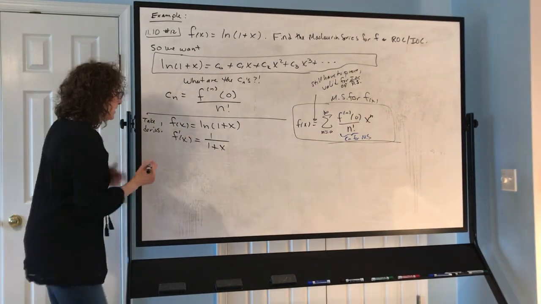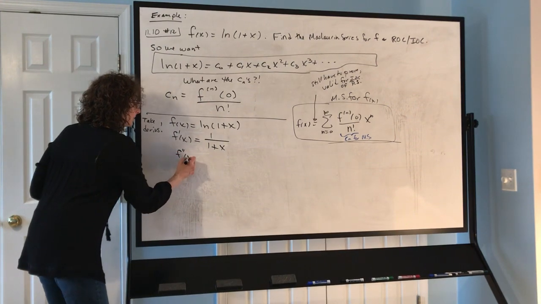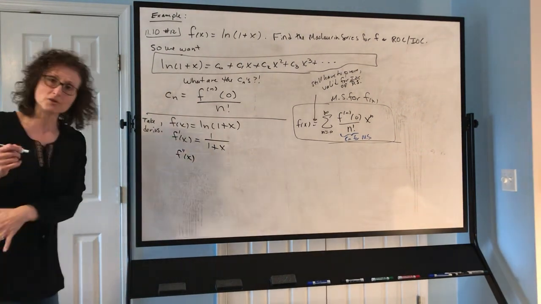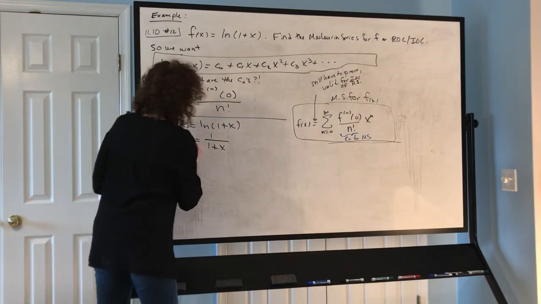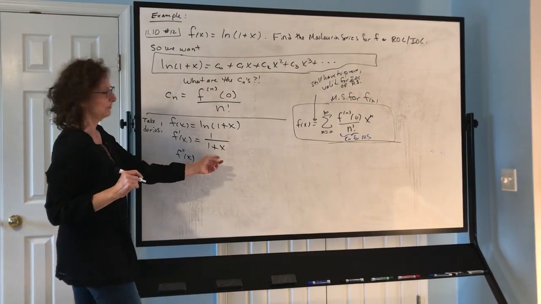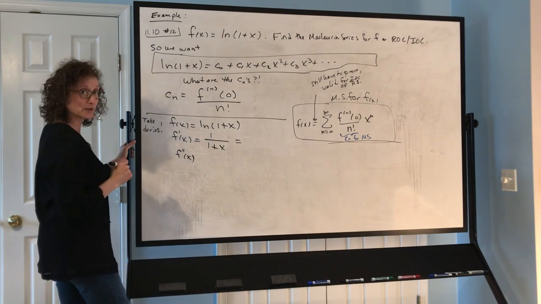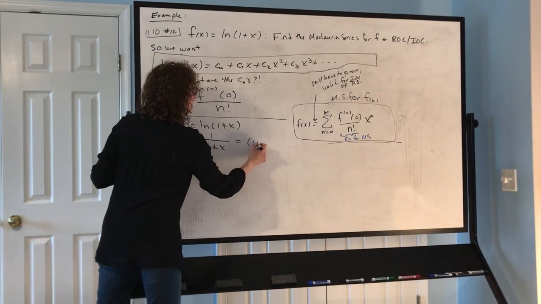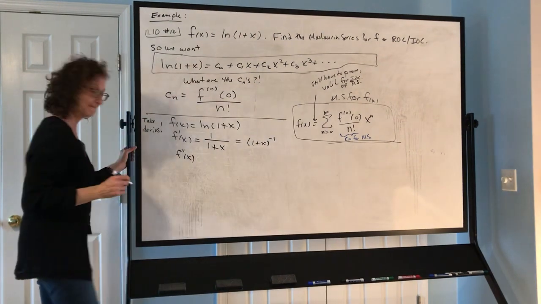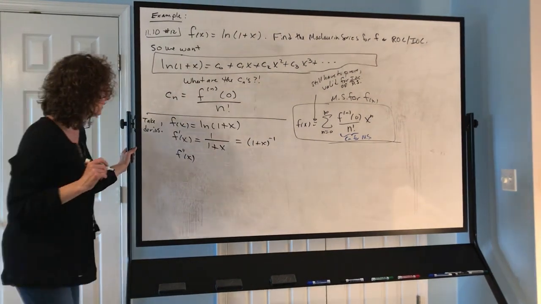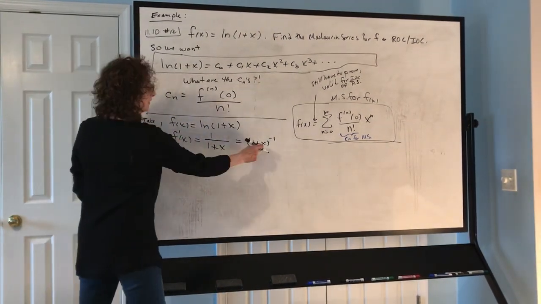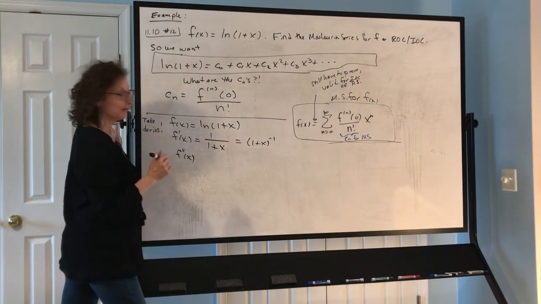Now another derivative, f double prime. Do I want to do the quotient rule? No. How do I want to rewrite this so it's easier to take its derivative? Good, quantity 1 plus x to the negative 1. Way simpler.